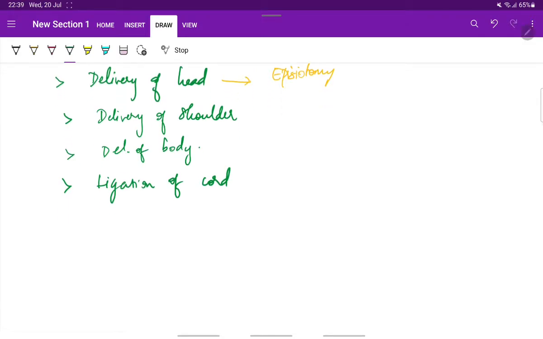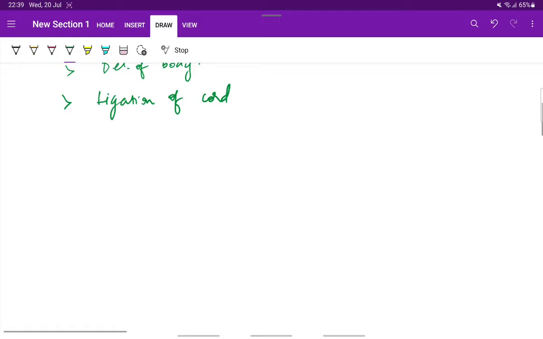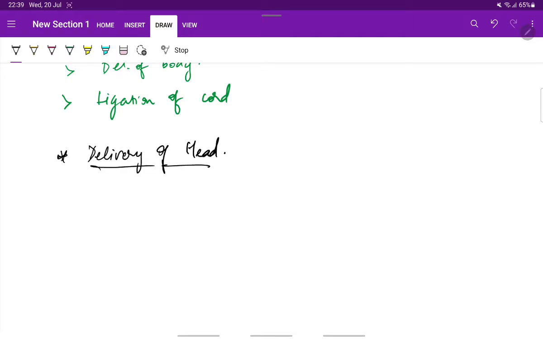As we all know, the strong good uterine contractions along with the bearing down effects of the mother help in the delivery of the fetus. So in the second stage of labor, first let us see about the delivery of the head of the baby. We have to know what is crowning.